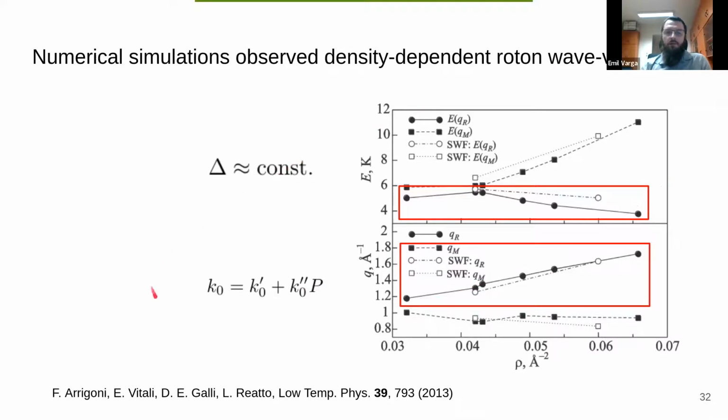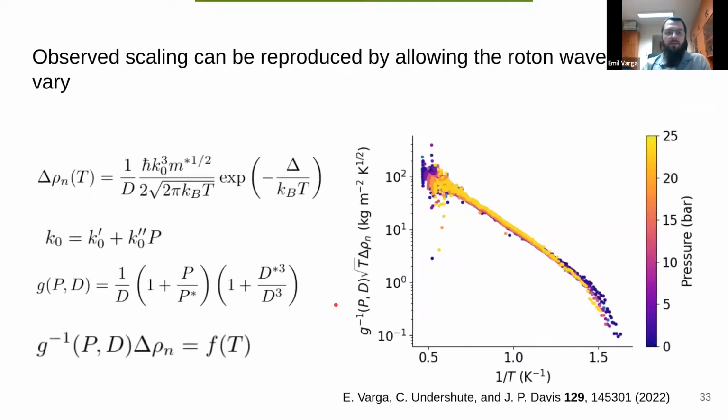Now, using this idea that the roton wave vector changes as we change the pressure, we can write a scaling theory that captures both the pressure dependence and the additional confinement dependence, and results in a very nice collapse of all the data that we see.